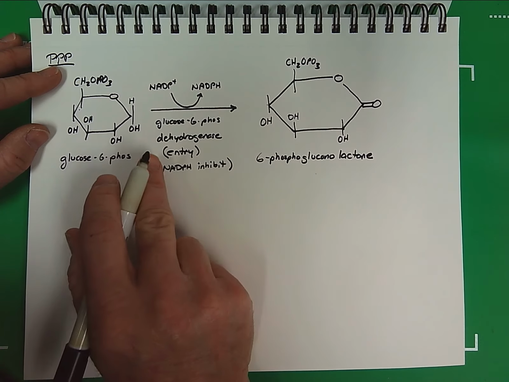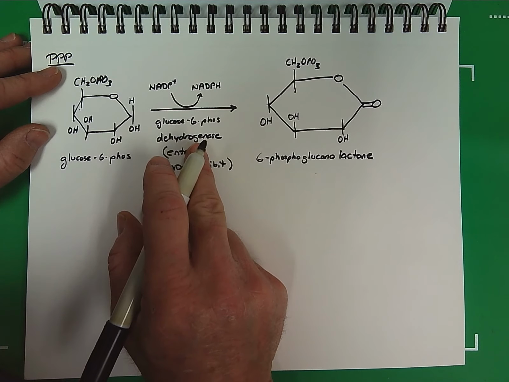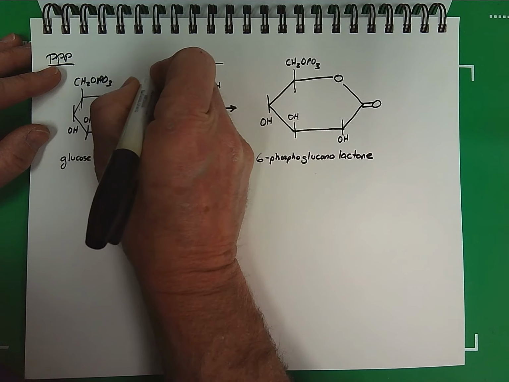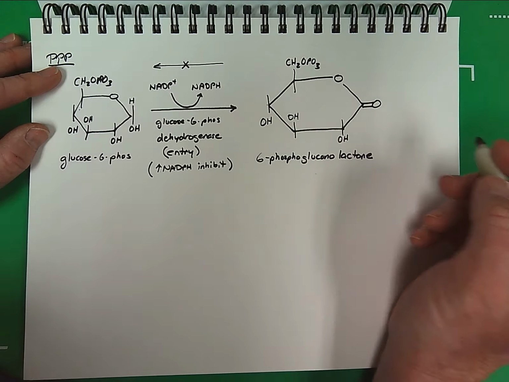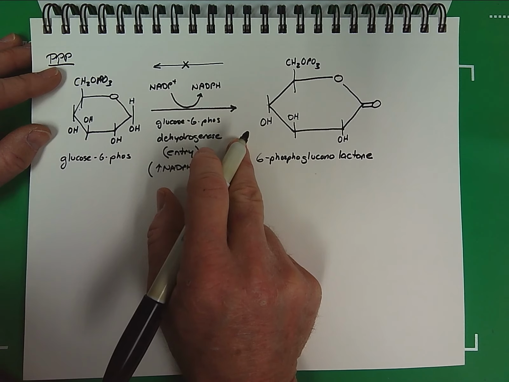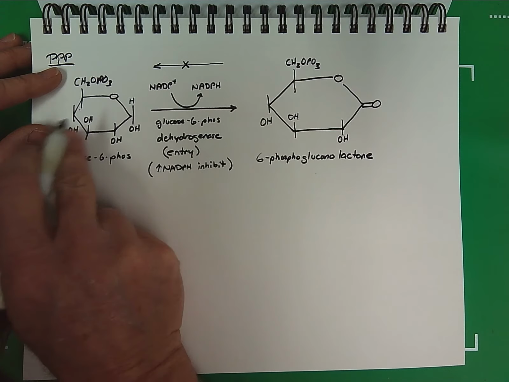Now, recall dehydrogenase reactions have a fairly large negative delta G. And so that makes this reaction irreversible. So once we pass this point, we are now fully committed into the pentose phosphate pathway, and we cannot return to the glucose 6-phosphate.